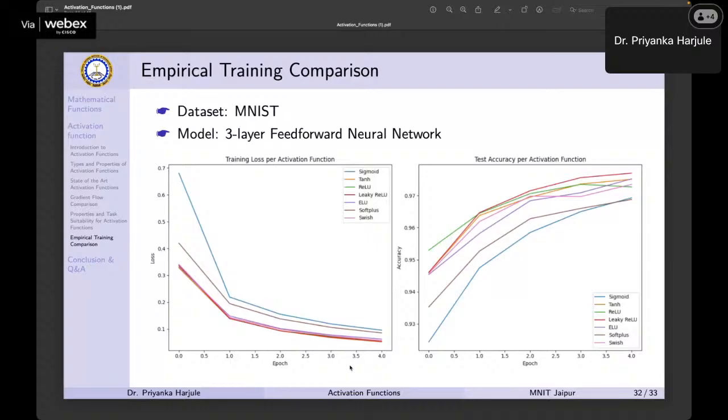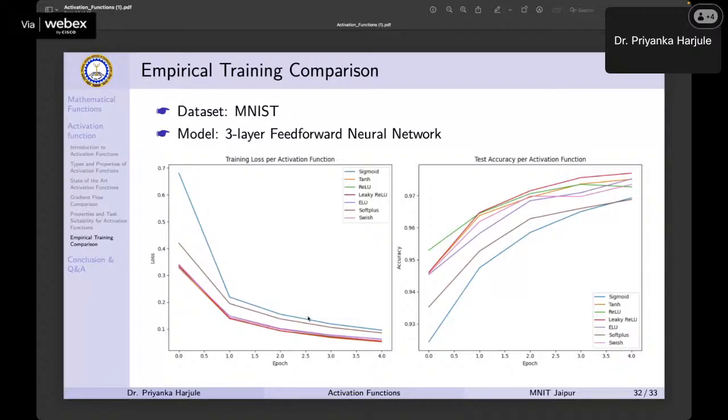So you can see that the sigmoid has the slowest and the highest loss of all the other activation functions. So this confirms the fact that it suffers from the vanishing gradients.